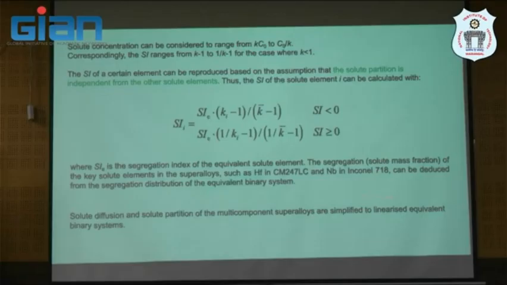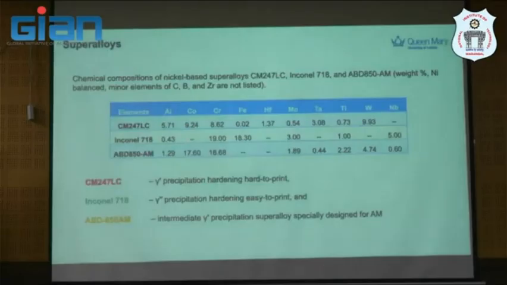And then interestingly, because the new superalloy is a solid solution, we use the equivalent segregation index for it. So it's an avalanche profile. So what happened, we will see now. The reason why we chose these three is because these are the compositions studied here. So we have a hard-to-print, gamma prime strengthened alloy, and we have Inconel 718.